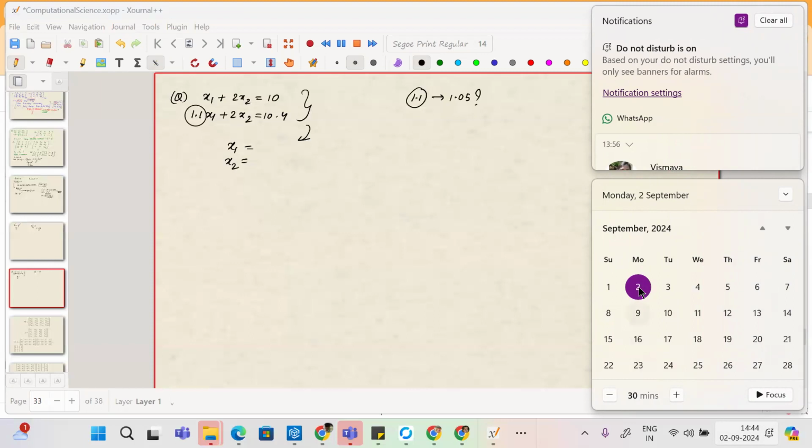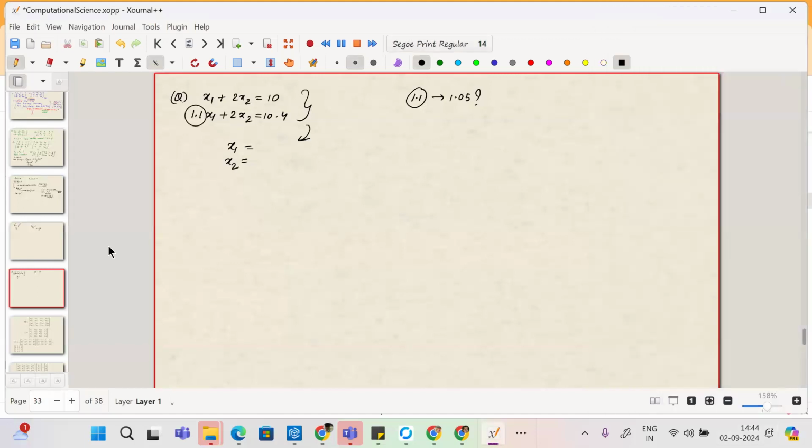So a good thing for you is, class 16th, I won't be here. But then in one class we are leaving it out, right?